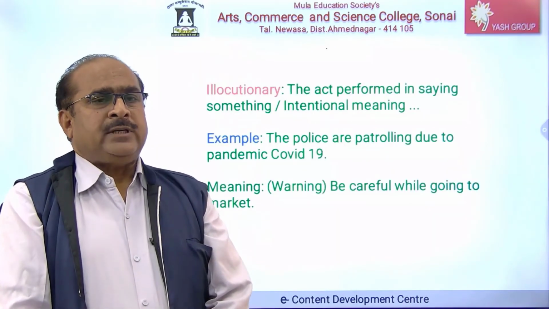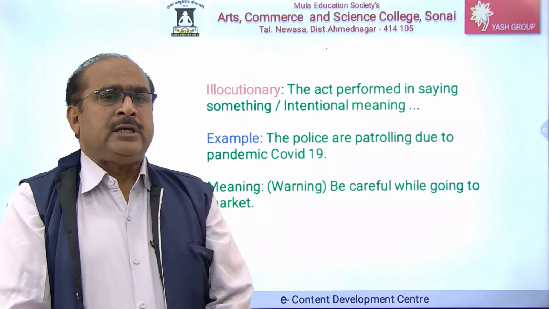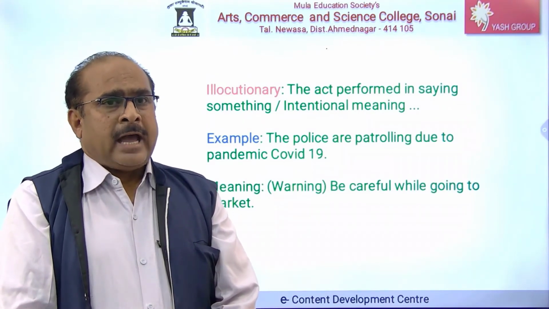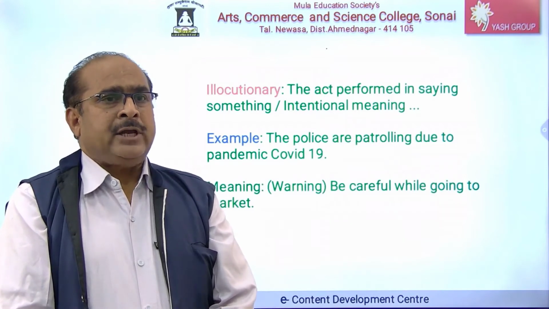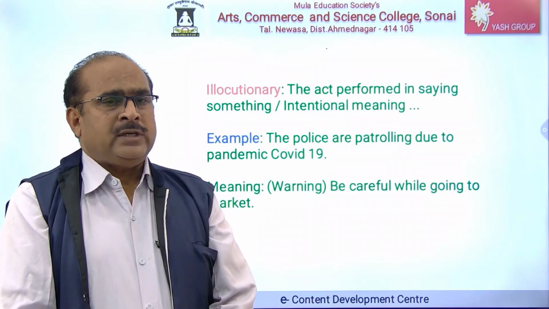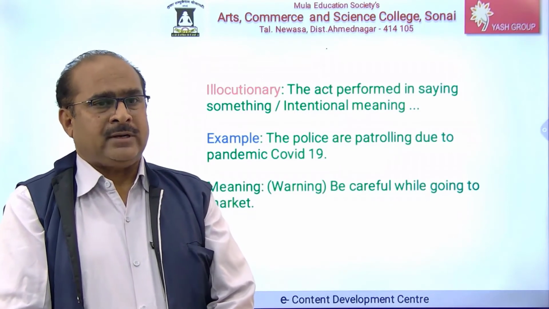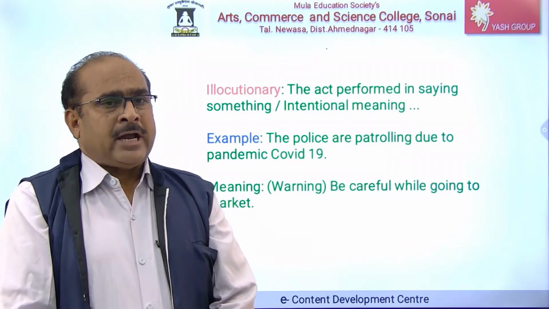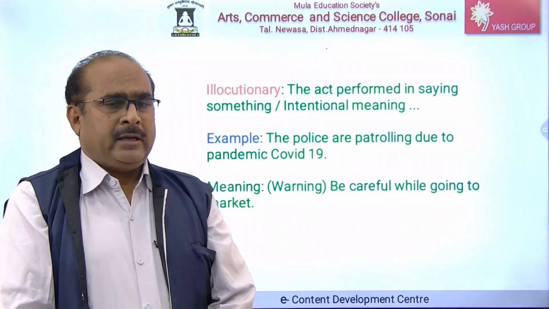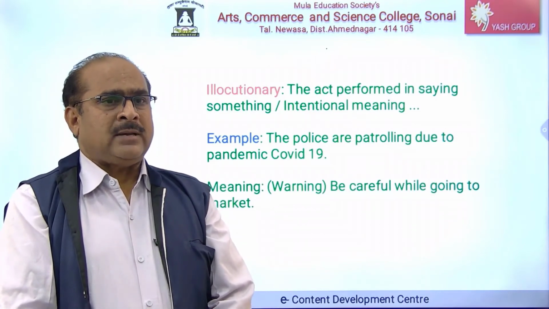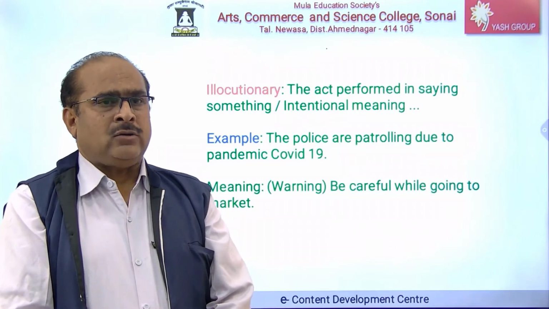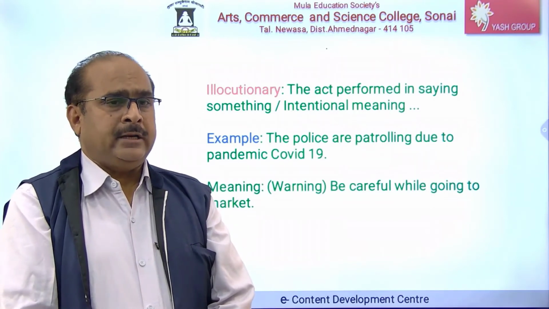The second kind of speech act is called the illocutionary speech act. The act performed in saying something is called the illocutionary act. That is, we say something and the meaning is somewhat different, where we try to find out the intentional meaning. What is the intention of the speaker? For example, the same sentence: the police are patrolling due to pandemic COVID-19.